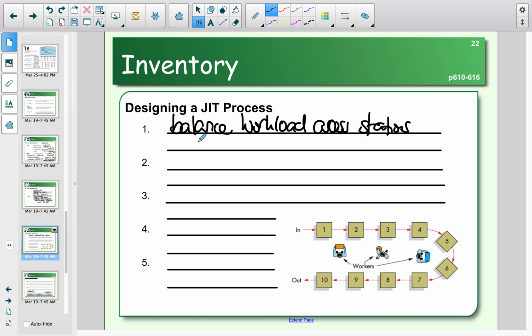So what we're talking about is using the assembly line balancing that we talked about for product layout. We want our process to have flexibility. So how do we create flexibility within our company?